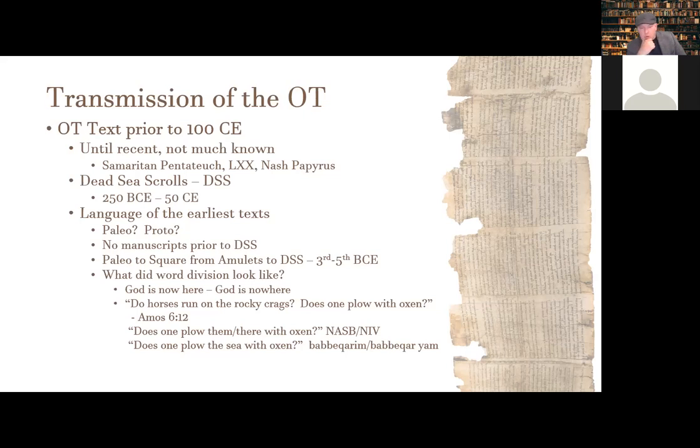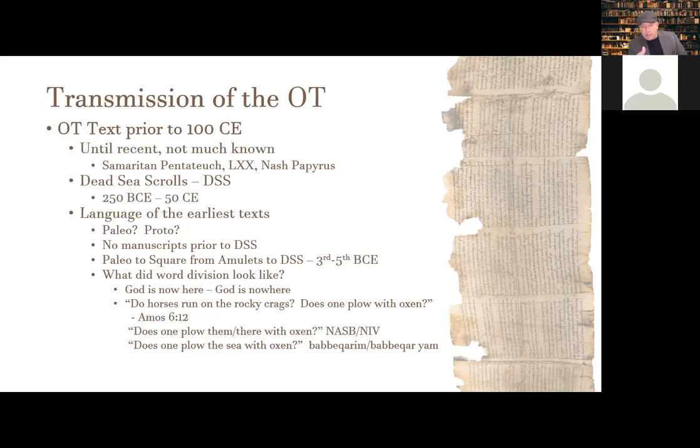That would mean, does one plow the sea? So we have a difference in spacing that could mean, does one plow with oxen or does one plow the sea? Yam means sea. That's how important it can be for understanding our text.